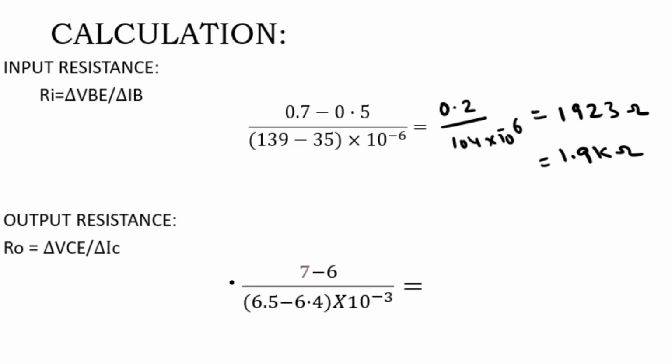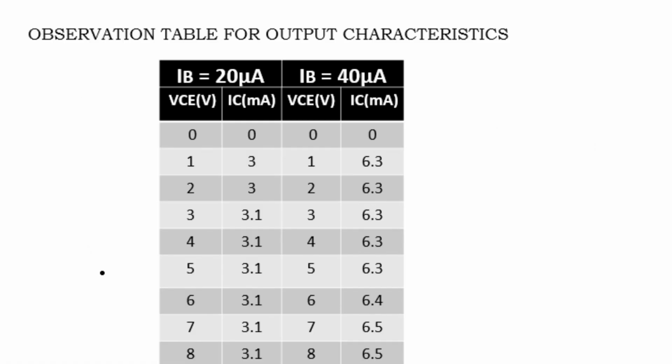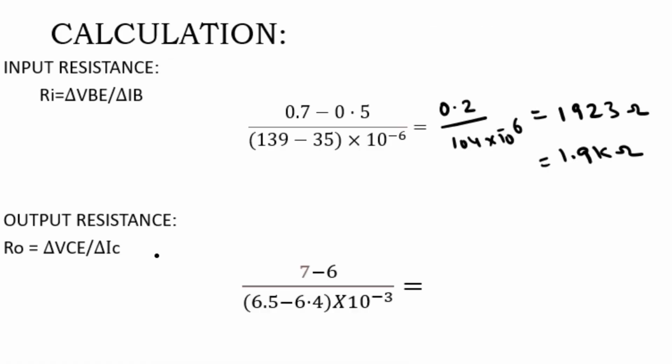Coming to output resistance, equal to delta VCE, change in VCE by change in IC. This is from the output characteristics table, where we consider delta VCE by delta IC, change in voltage by change in current.